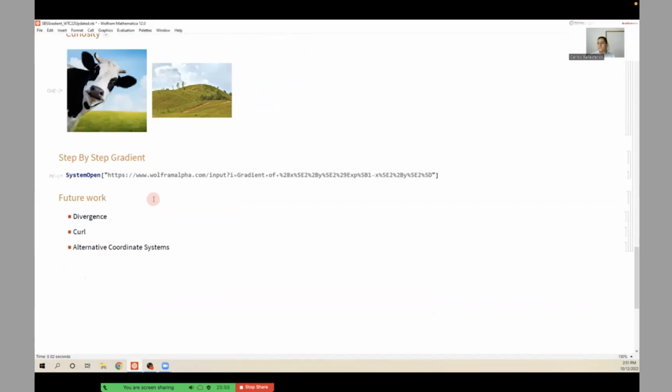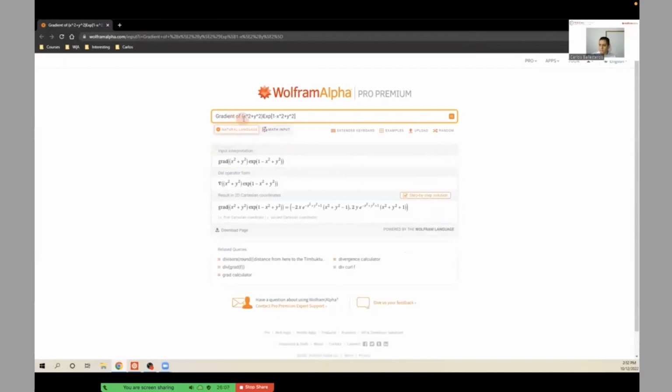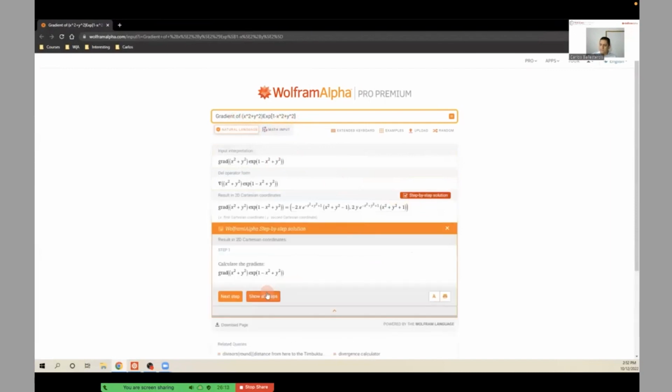Great, now let's see how the step-by-step gradient works. For it, let me go to the website. And then, yeah, great. For this query, this is the function from the example. We can see the step-by-step solution.